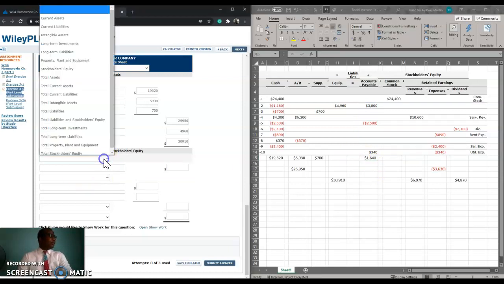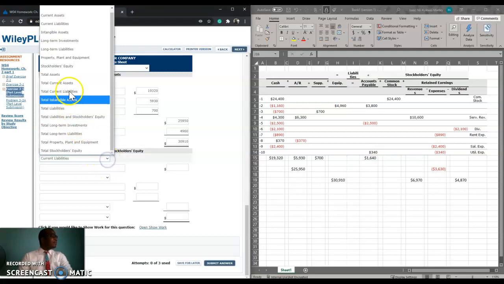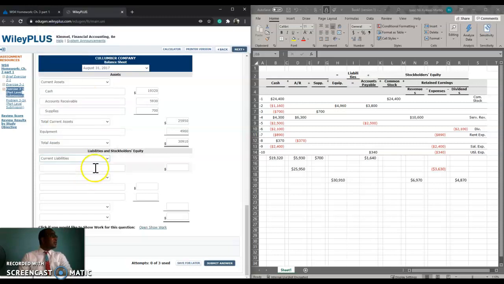And so for our current liabilities, we have accounts payable, which has a total of $1,640.